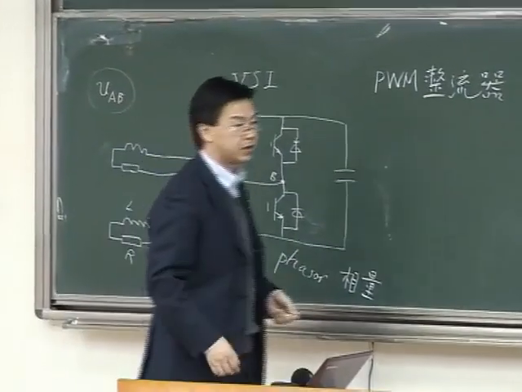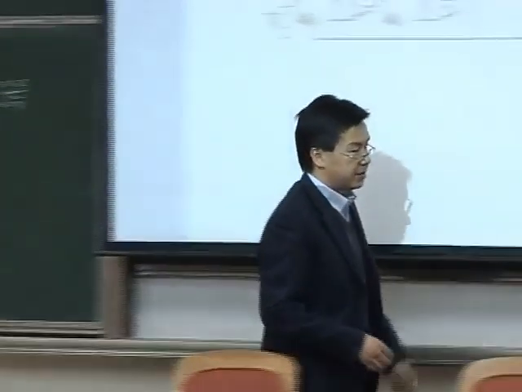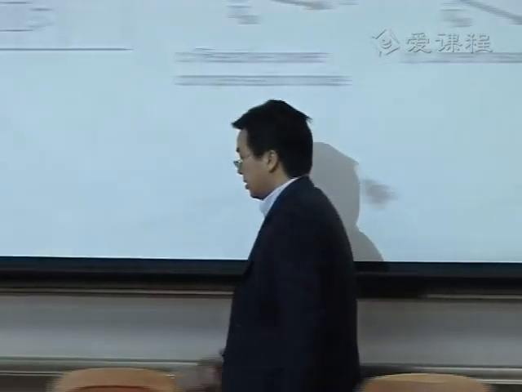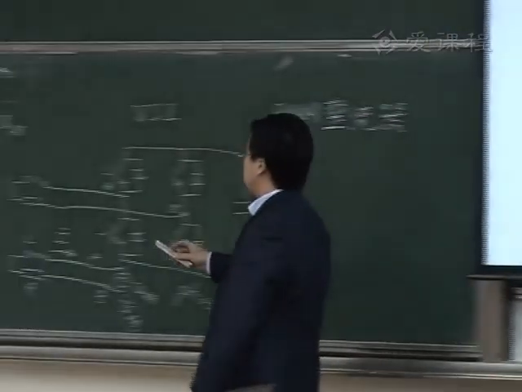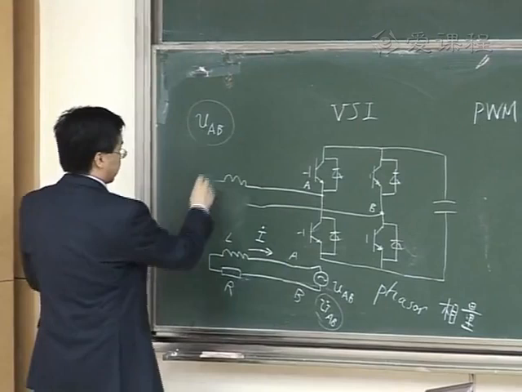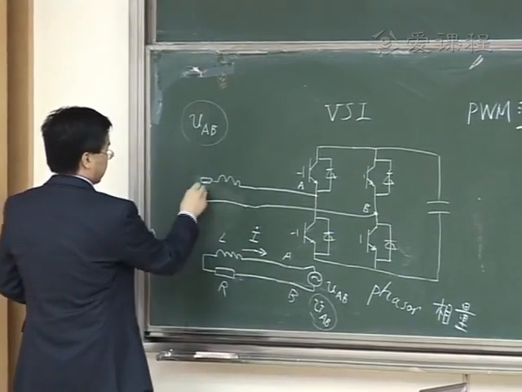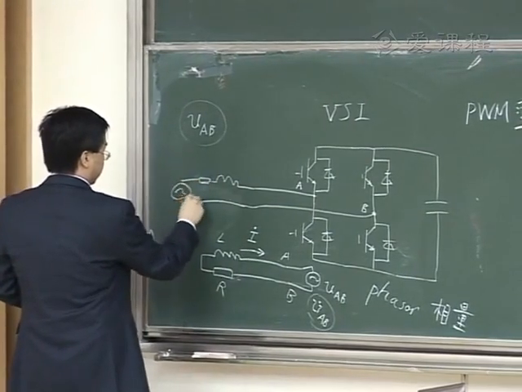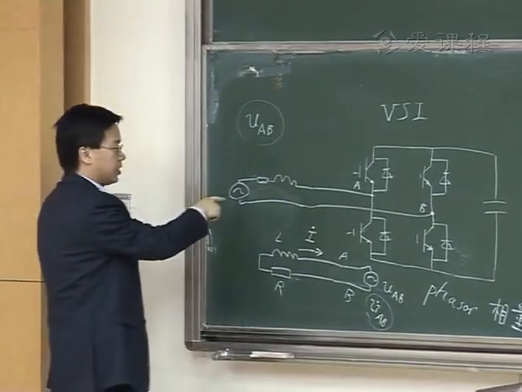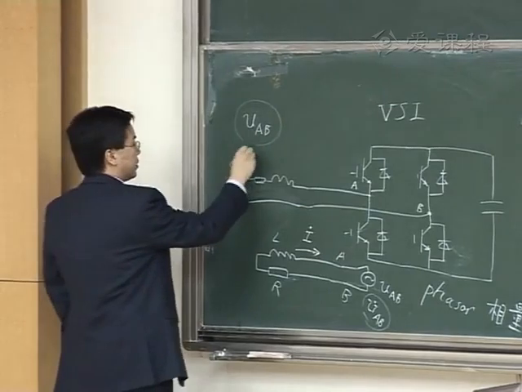Therefore, we can redraw this circuit diagram in this way. Very often, this voltage source inverter can also be connected to something like this. And this is the grid voltage.